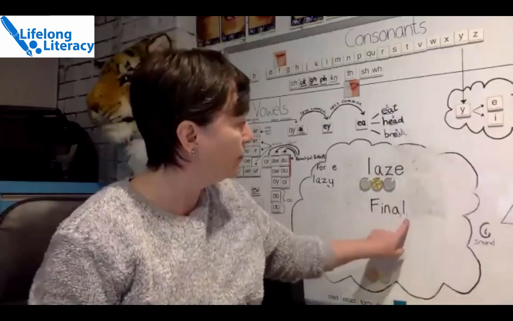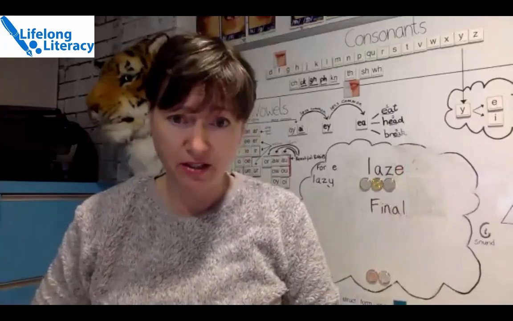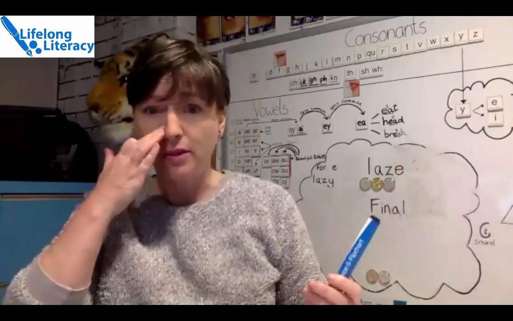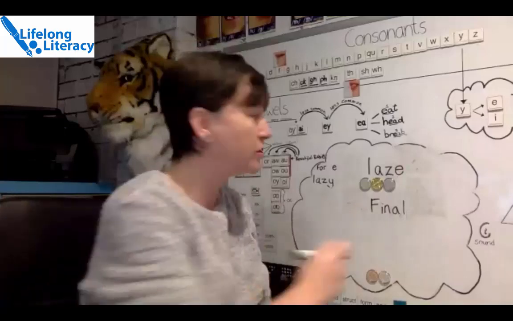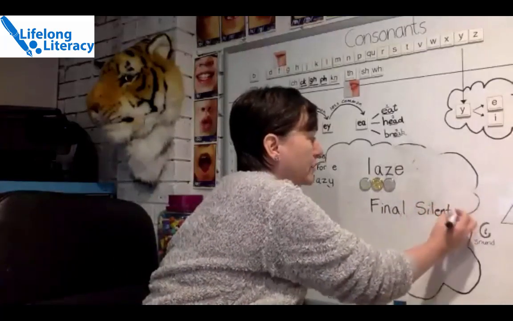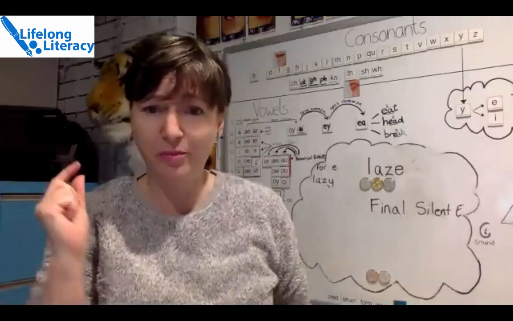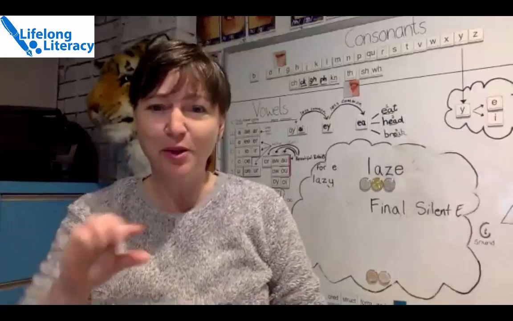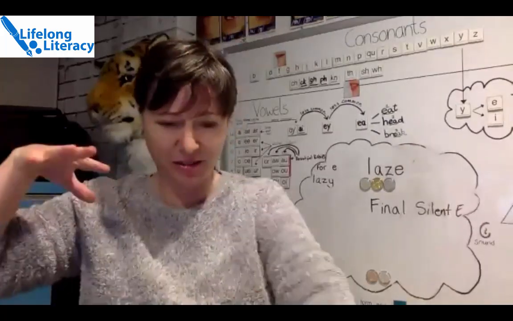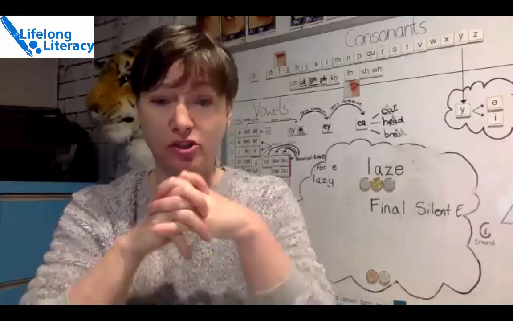So this is final, but also when E is at the end of a word, as Finn explained earlier, in English words, it doesn't represent a sound. So we're going to call it silent. So it's got two names, final, silent, E. That is very precise. That tells us lots of things. It packs lots of information that we need into that name.